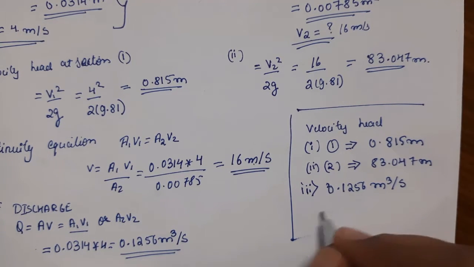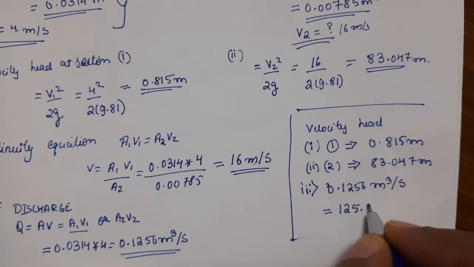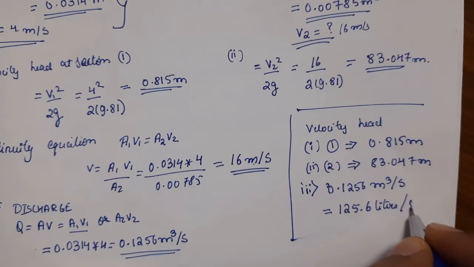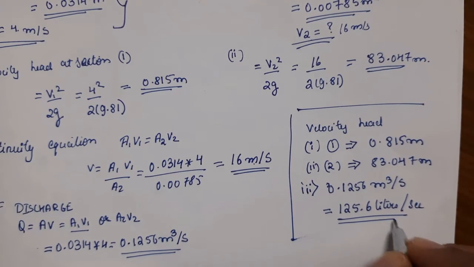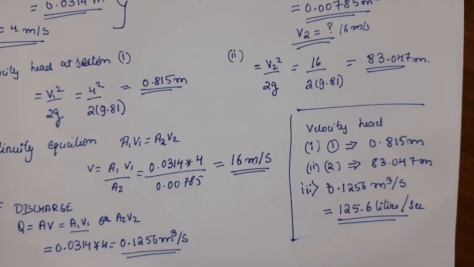Okay, you can multiply this with 1000. What you will get is 125.6 liters per second.